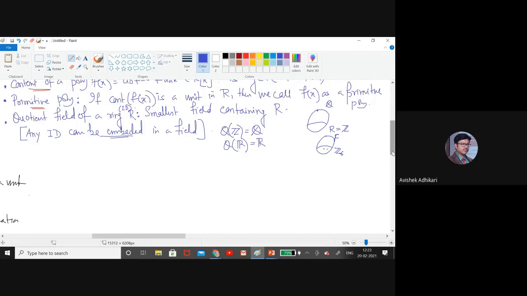Then I come to a few of the very important results. What are we interested in? We are interested in finding whether a polynomial in R[x] is irreducible or not. Is f(x) irreducible?